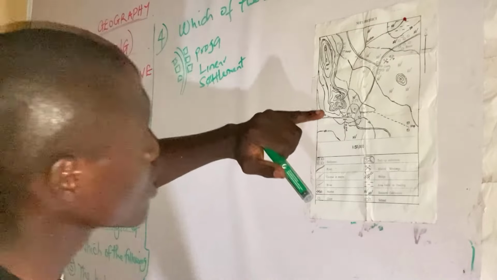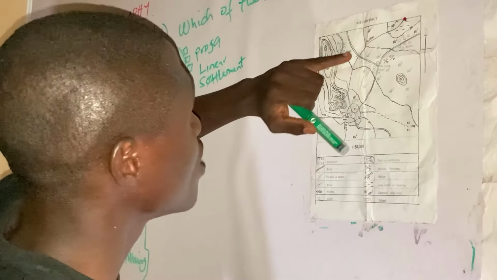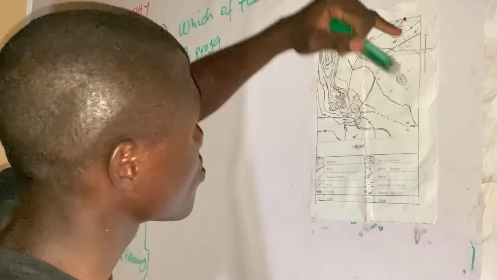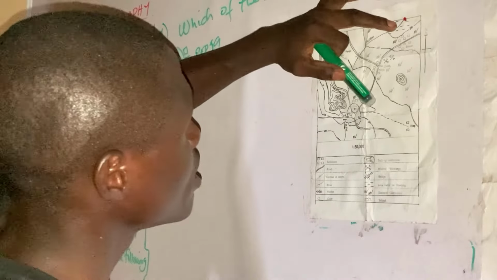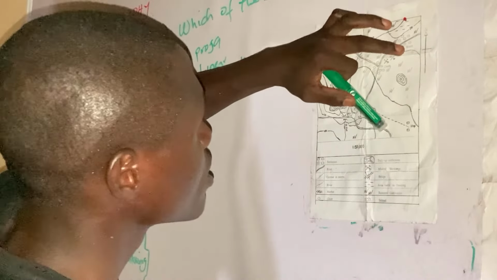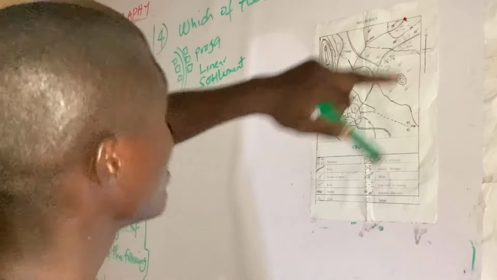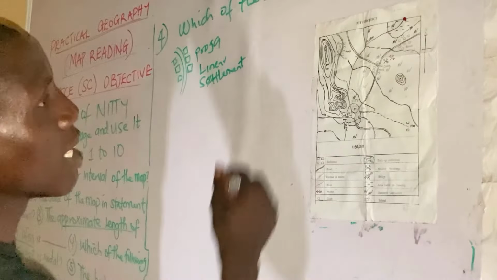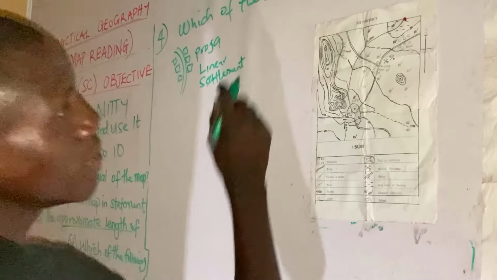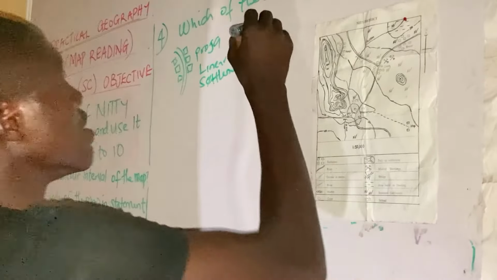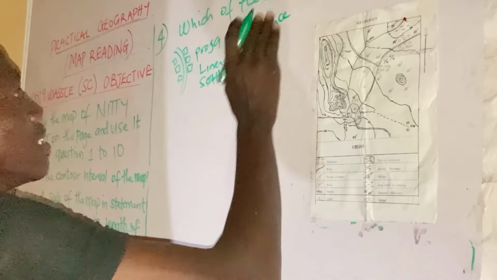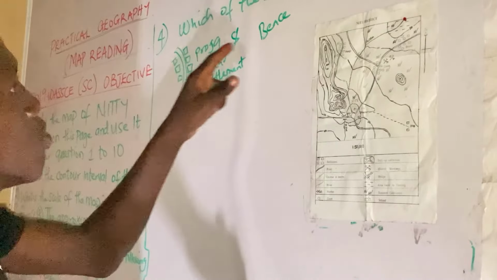Now let's check another settlement that we have here, which is also linear. The Breeze settlement here is also linear. Proga and Breeze are linear.